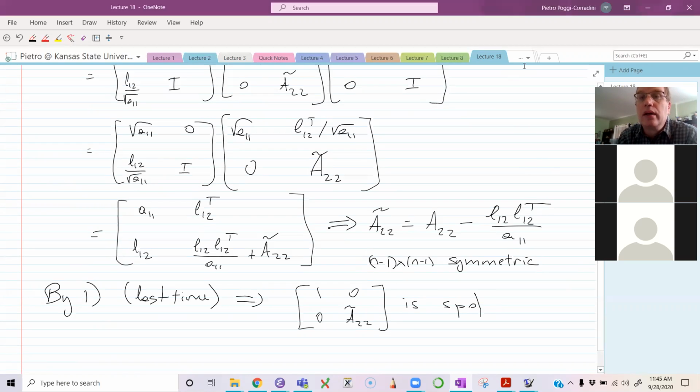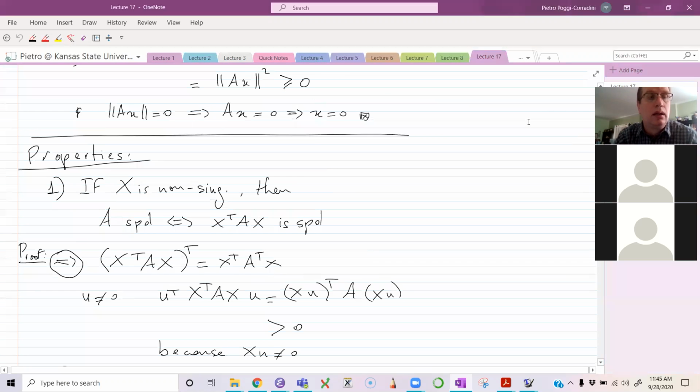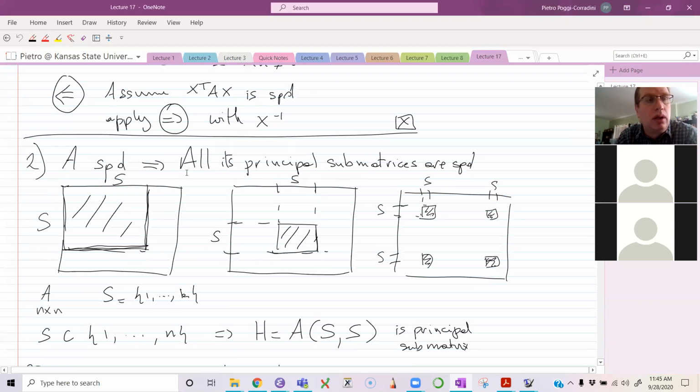And then let's go back. By proposition 2, if a matrix is SPD, then all of its principal submatrices are SPD. Right? So in particular, we can take A22 tilde as a principal submatrix.